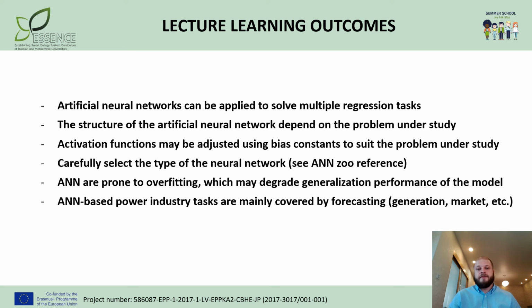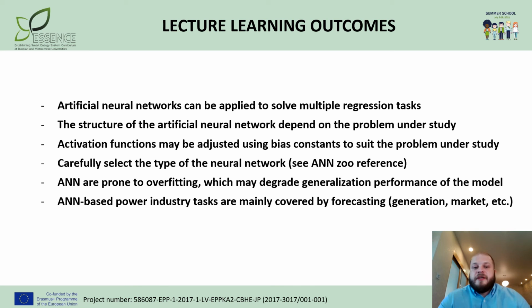So please carefully select the type of the neural network, and if it's needed, refer to the Artificial Neural Networks Zoo, which actually describes the basic types of networks to be used for different purposes. And I'm really encouraging you to watch these previously provided 2 videos on YouTube, because it will provide you with a better understanding of the mathematical background on how artificial neural networks actually work.